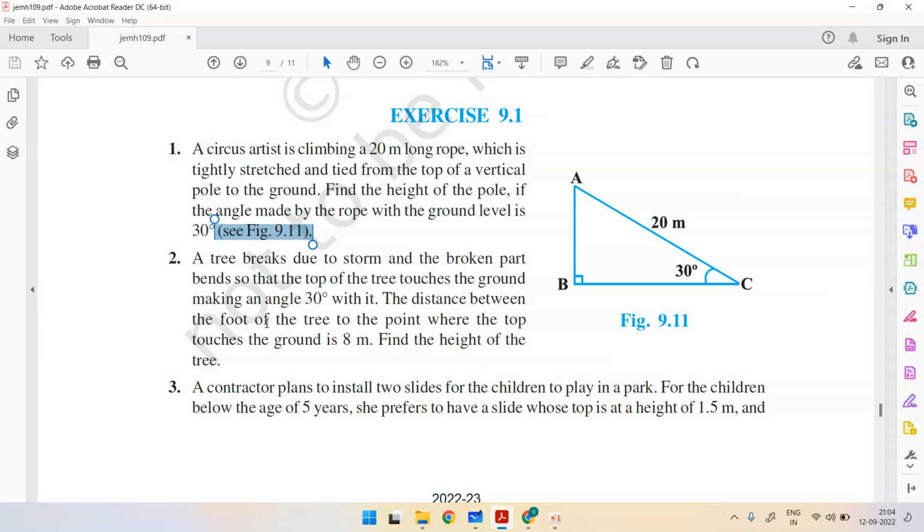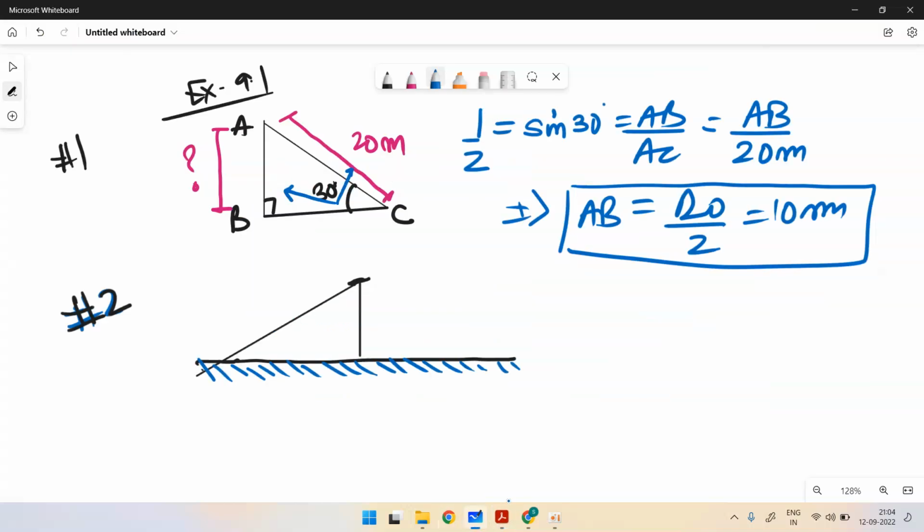The distance between the foot of the tree and the point where the top of the tree touches is 8 meters. So this is my 8 meters, and this is 30 degrees.